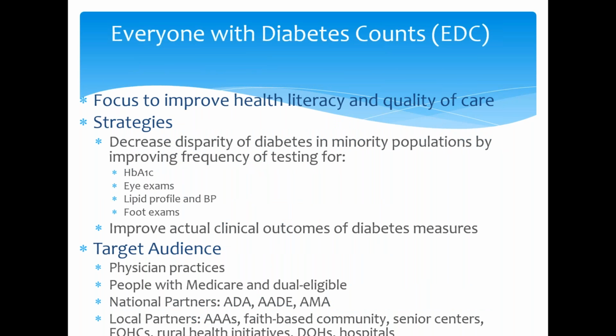Our Everyone with Diabetes Counts project and focus is based on several things, but our strategies and what we really wanted to accomplish was to look at the clinical measures, looking at our patients' A1Cs, eye exams, lipid profile and blood pressure, and foot exams.